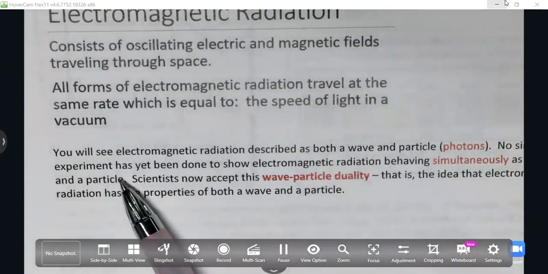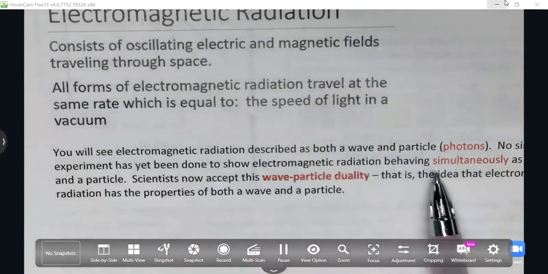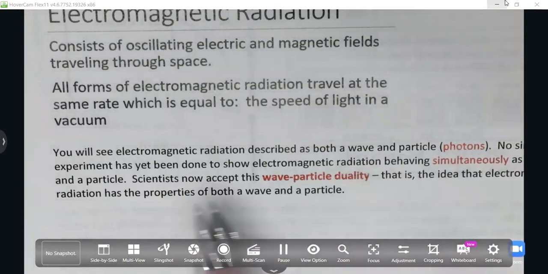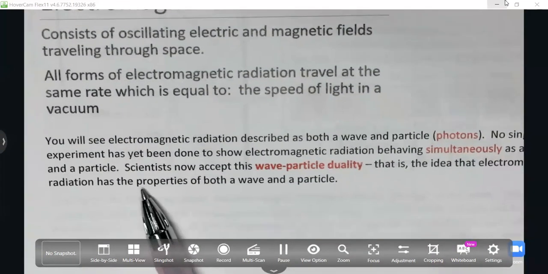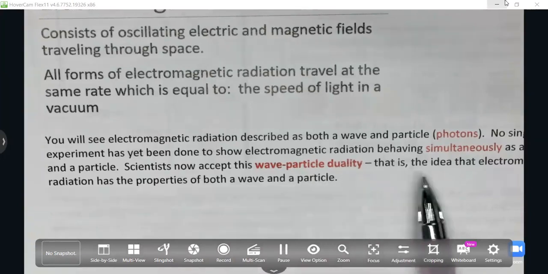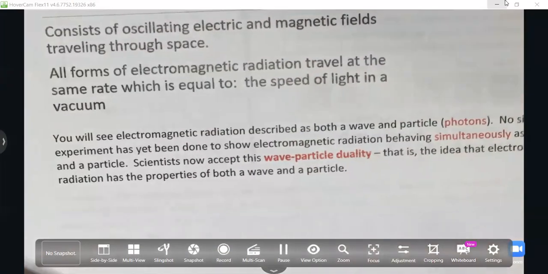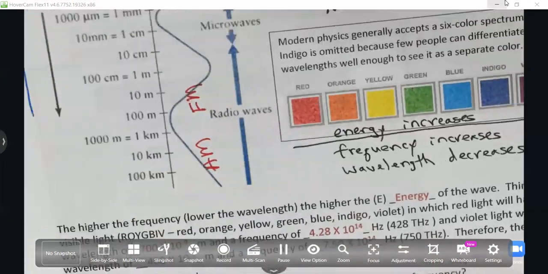No single experiment has yet been done to show electromagnetic radiation behaving simultaneously as a wave and a particle. Scientists now accept this wave-particle duality, the idea that electromagnetic radiation has the properties of both a wave and a particle. You could take an entire semester class on that, but it's way beyond what I want to talk about in this class.